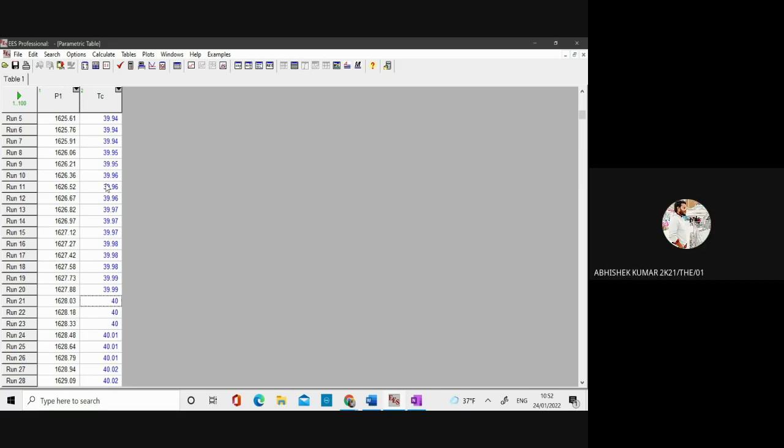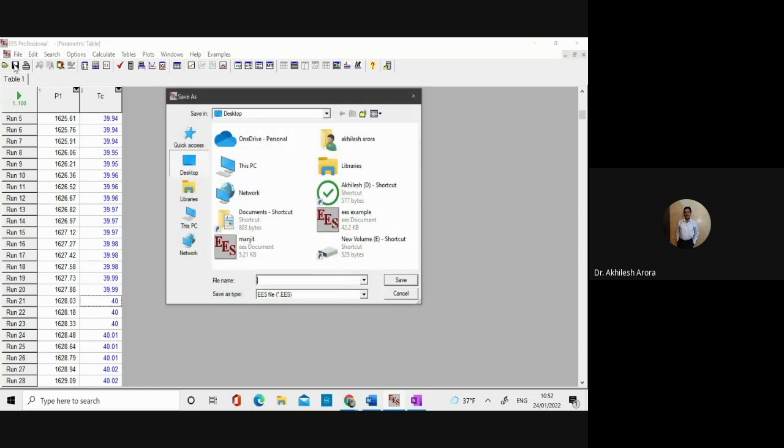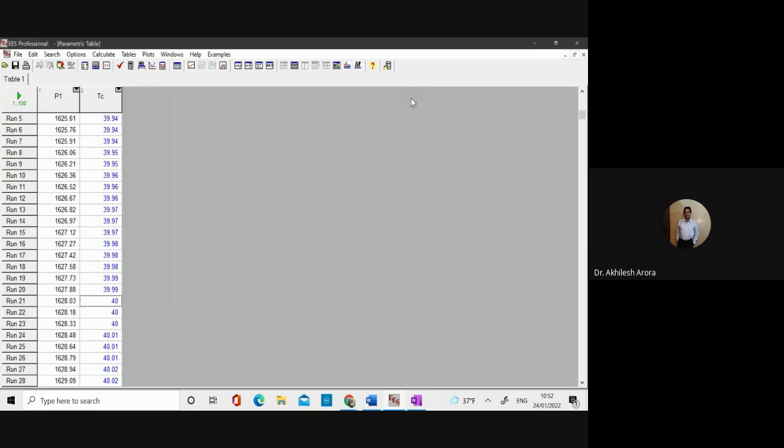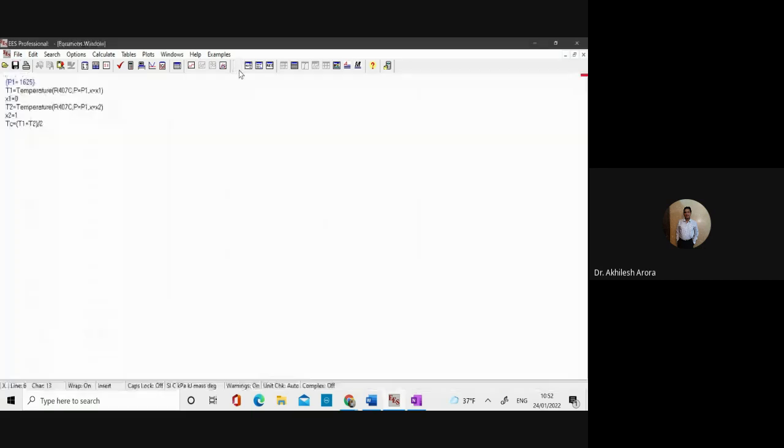Sir, 1628.0. 1628. Okay. So now you have understood how you are going to maintain the temperature in the evaporator and condenser for a zeotropic mixture. Is it clear to you? So basically, suppose, for example, you want a temperature of 40 degrees Celsius.